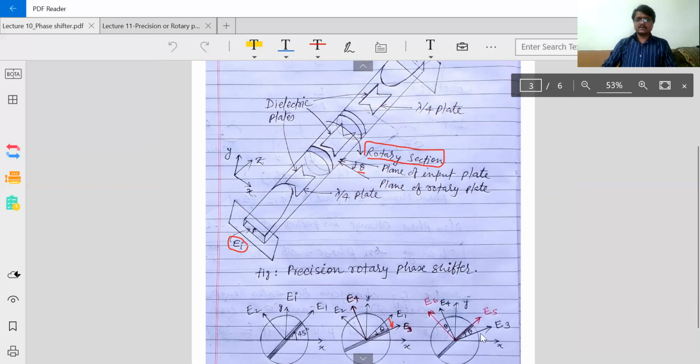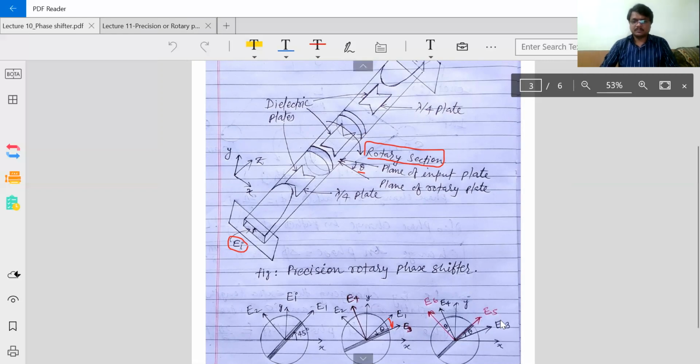Okay, so let E5 be the electric field parallel to the output plate, and E6 the electric field perpendicular to the output plate.